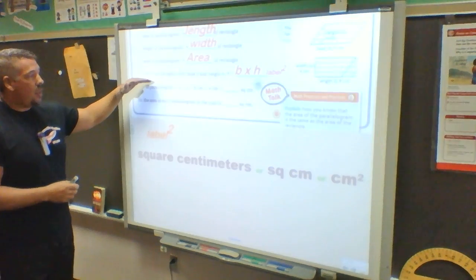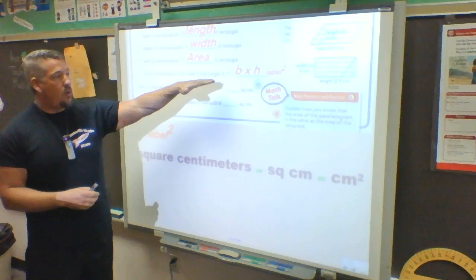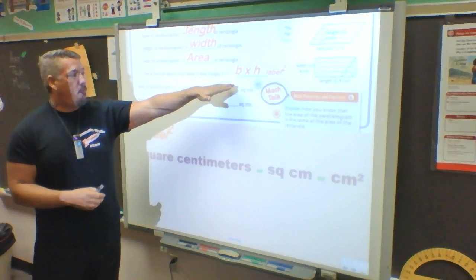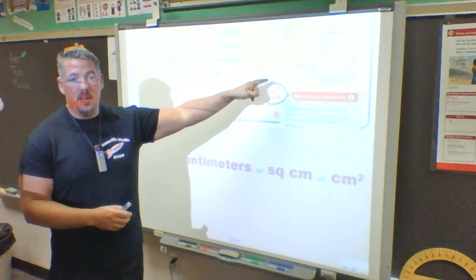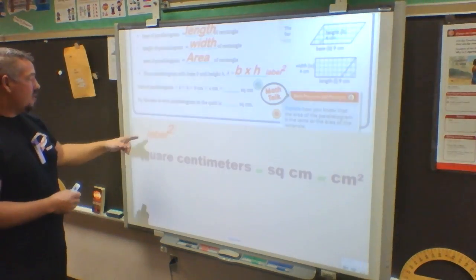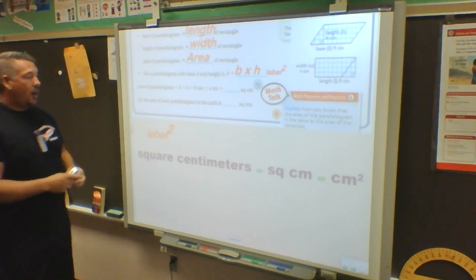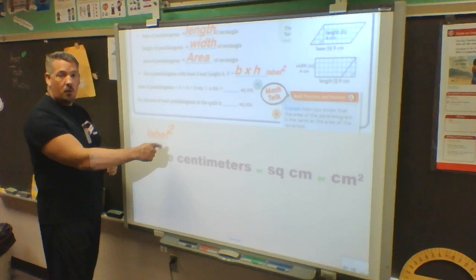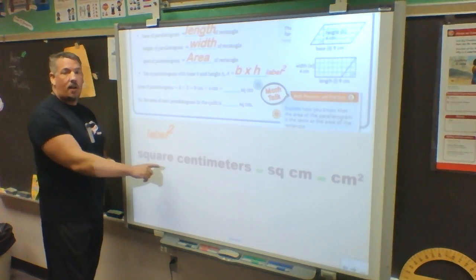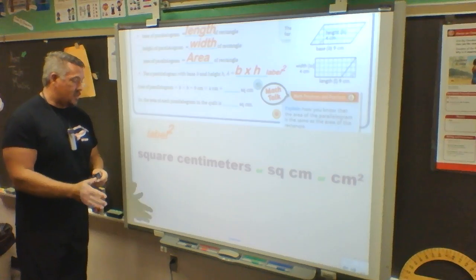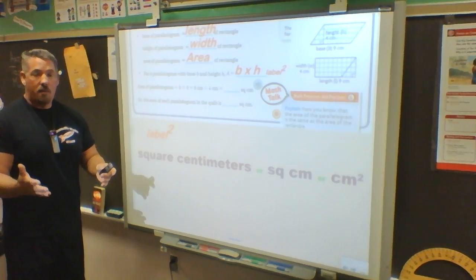So for a parallelogram with a base and a height, I know that I can use the formula of base times height, or B times H, and then whatever that label is, I square it. Now once again, on my label squared, I always show it with an exponent of 2 because that's 2 of the label. You can write it out in complete words, square centimeters, but it takes more time.